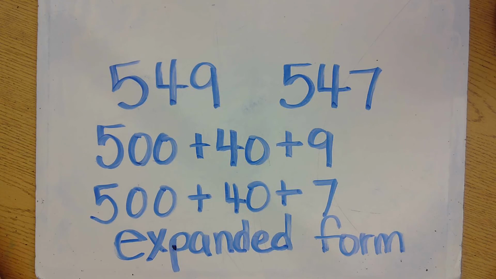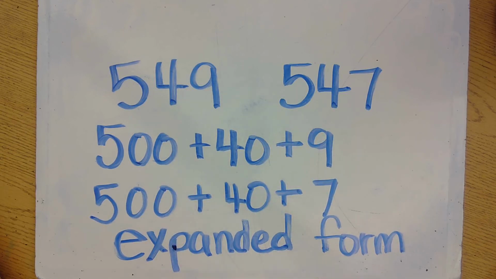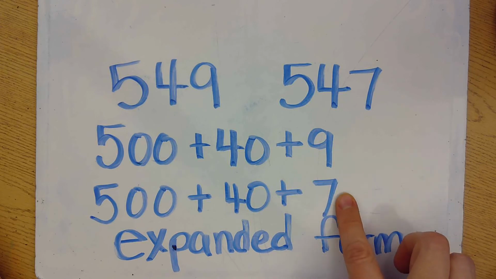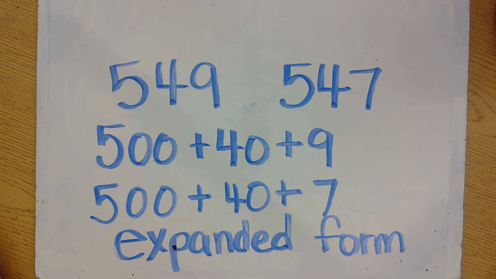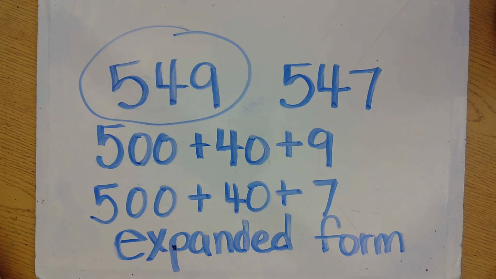The 500s are the same. The two numbers in the tens place are the same. They're both a 4, so that means 40. Those are the same. But when we look at the number in the ones place, I know that 9 is a bigger number than 7. So, which number is larger? Yep, you guessed it, 549.